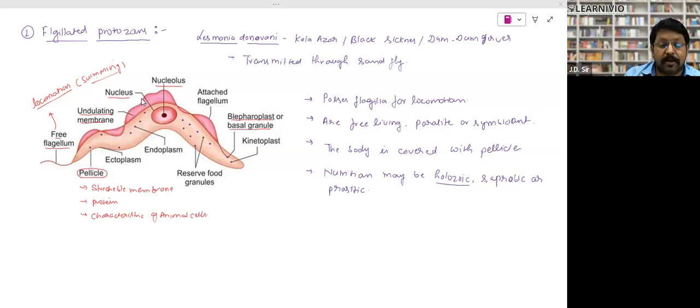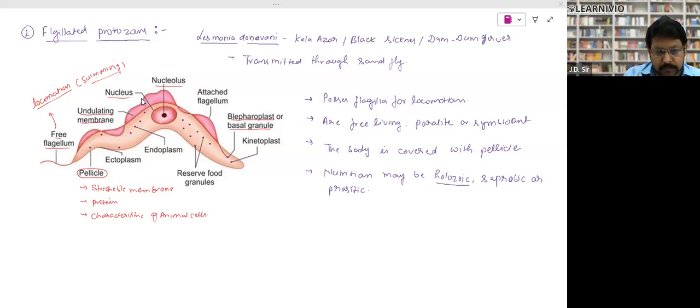Next, saprobic or saprophytic nutrition. Please note it down. Fungi take saprobic or saprophytic nutrition.